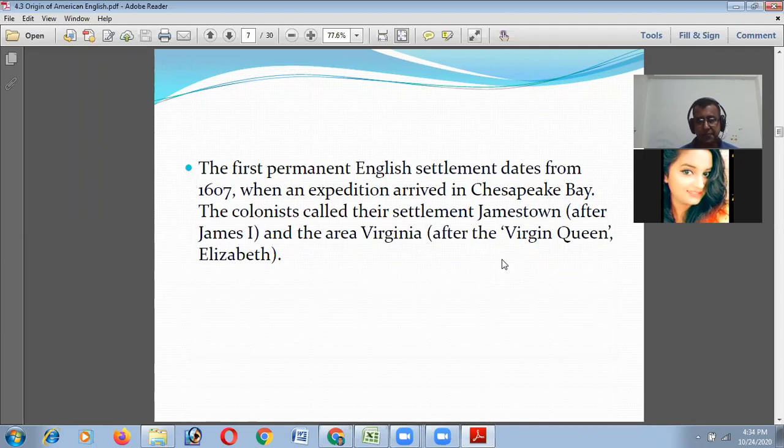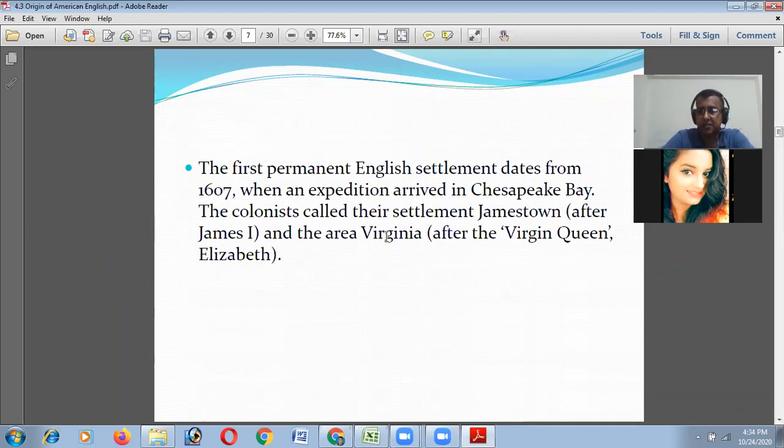Chesapeake Bay. This is the first formal settlement in America by the British colonists. The colonists called their settlement Jamestown, after the name of the English king, James the First, and the area Virginia, after the Virgin Queen, that means Queen Elizabeth.